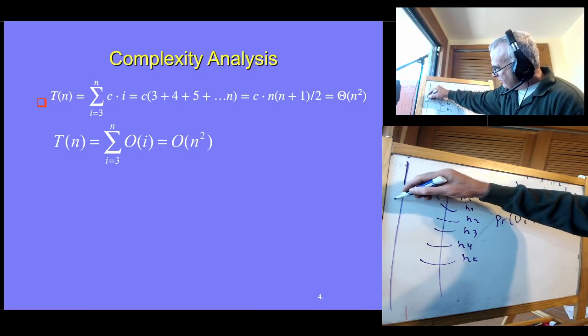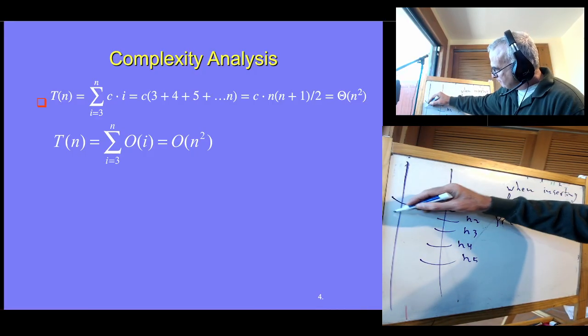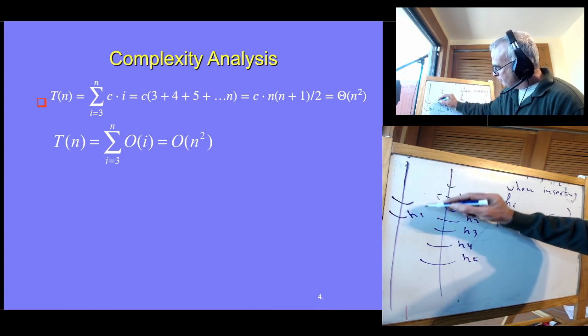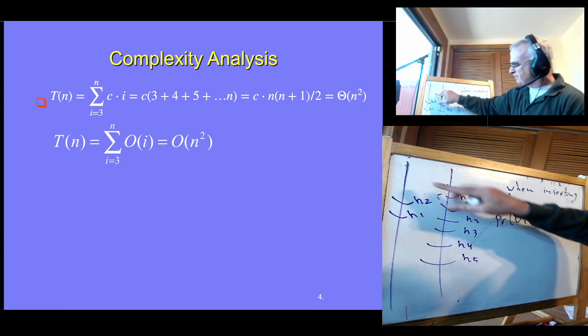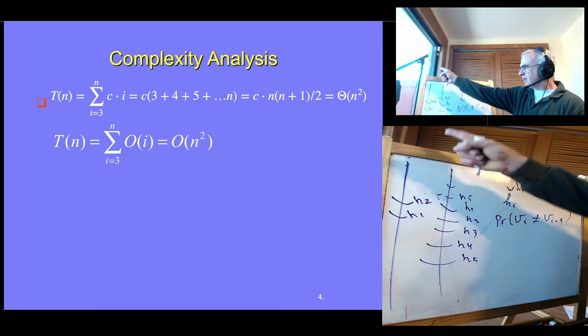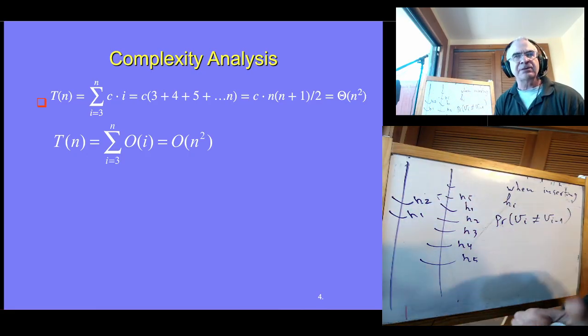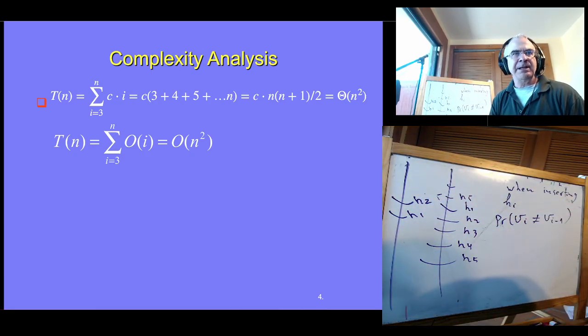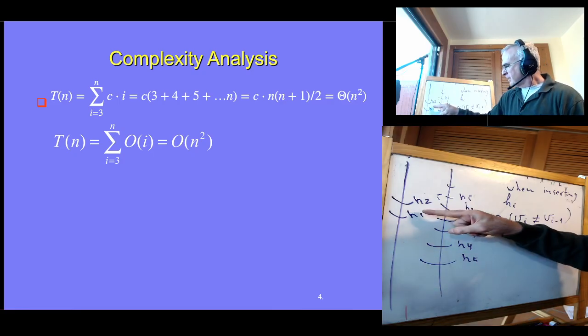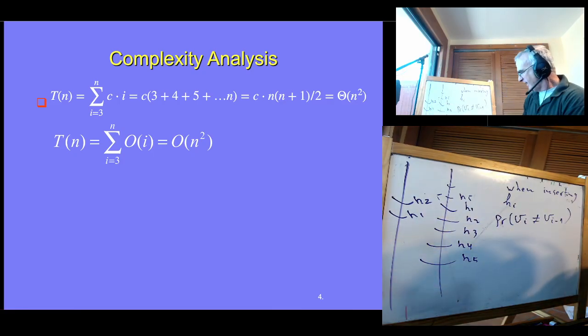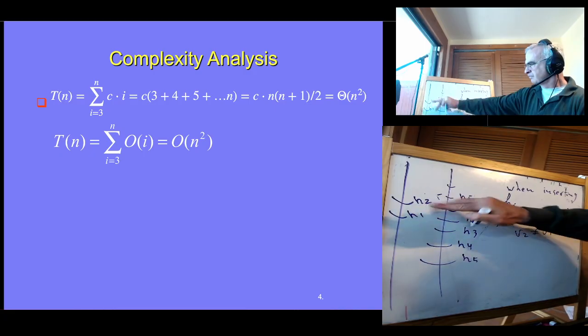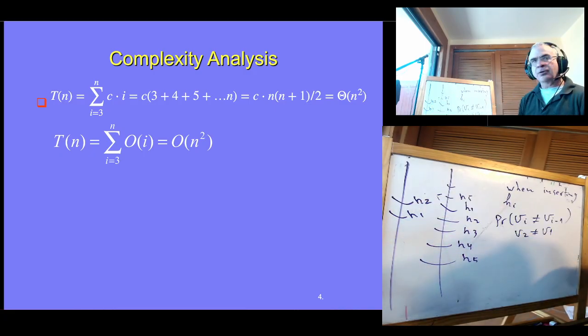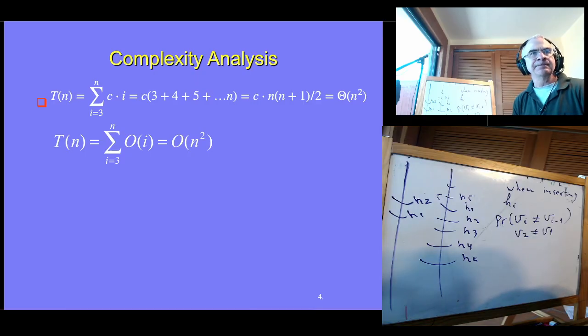I insert two half planes, only age 1 and age 2. In this example, the solution must be on this line. It's a one-dimensional problem. And I'm asking what is the probability that v2 is not v1 if I take a random permutation of these two guys.